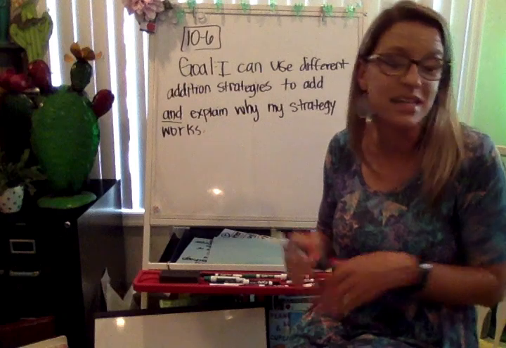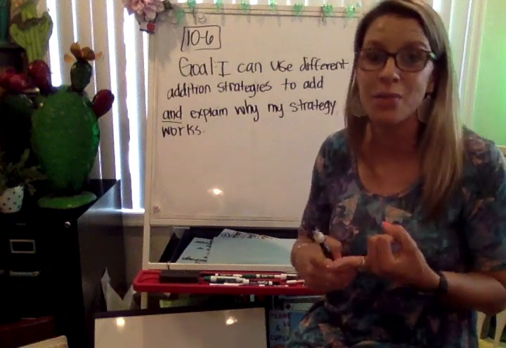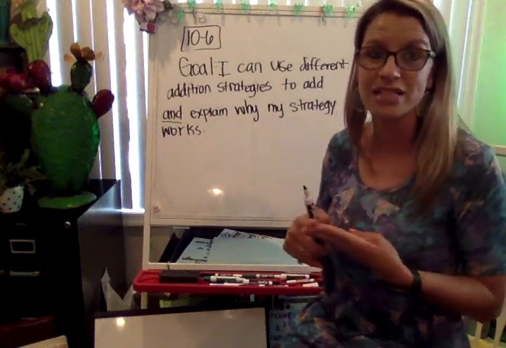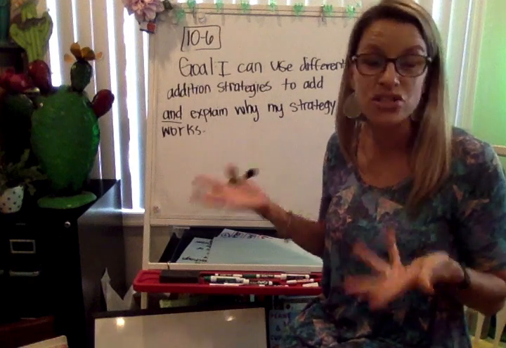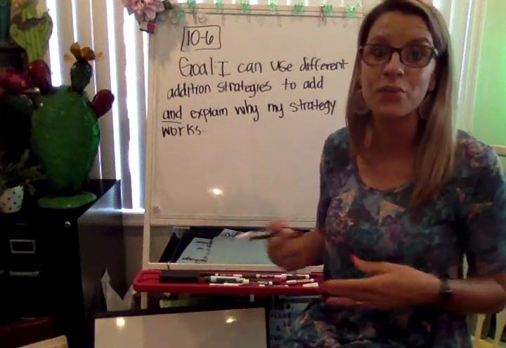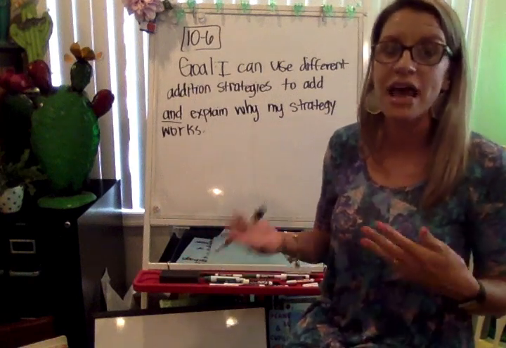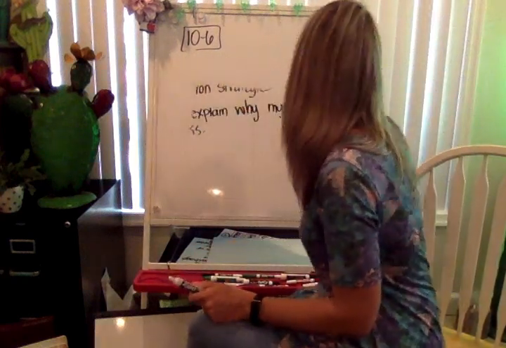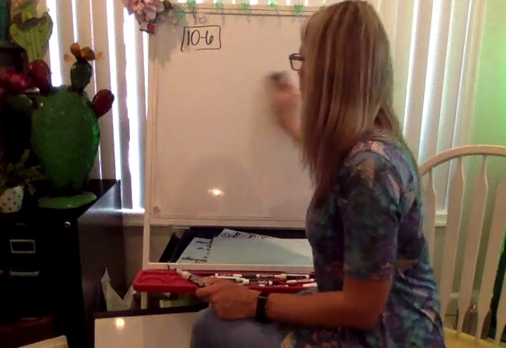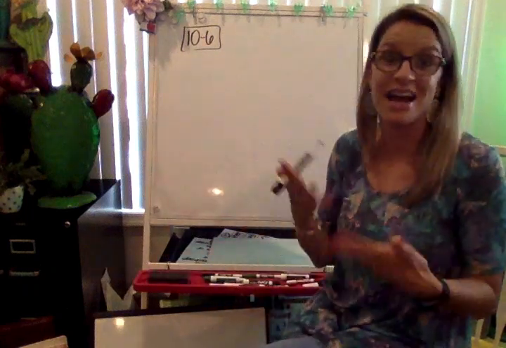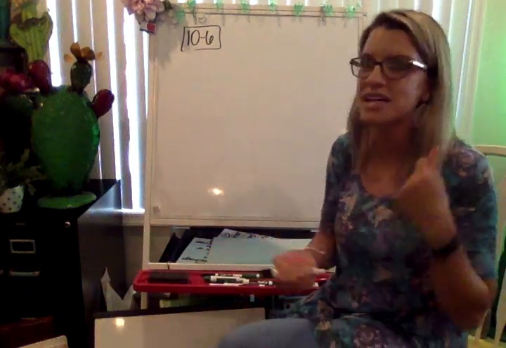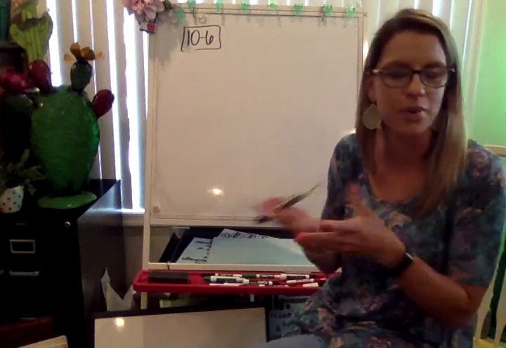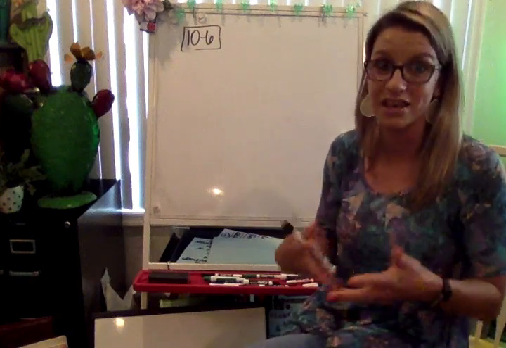So we're going to be using the open number line, compensation, break apart, place value chart, partial sums. We'll use vertical way. We're going to use lots of different strategies and practice explaining why they work. We're also going to explain exactly what we did, such as first I did this, then I did that, in order to add that element of the explain.